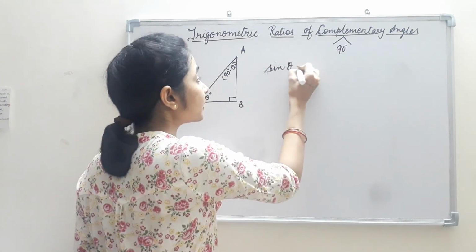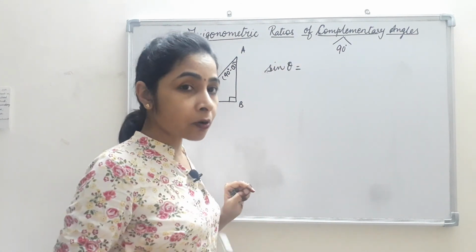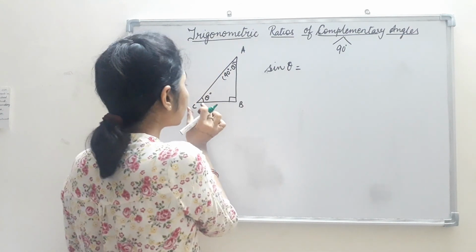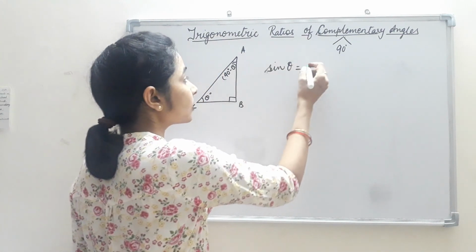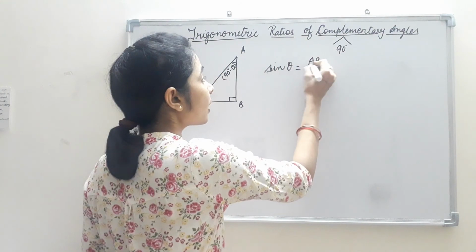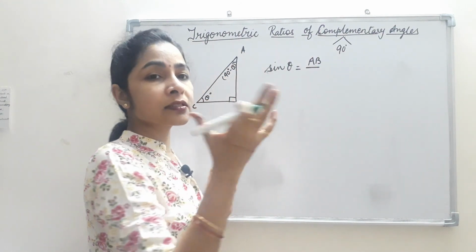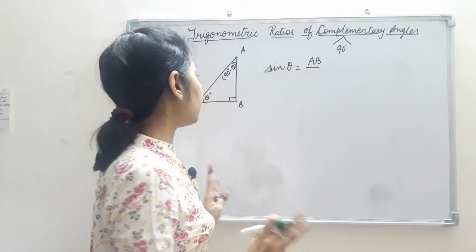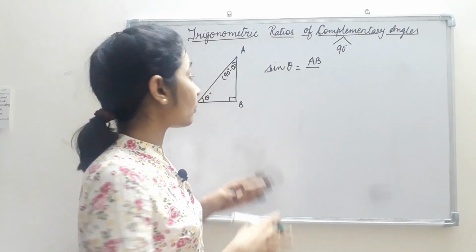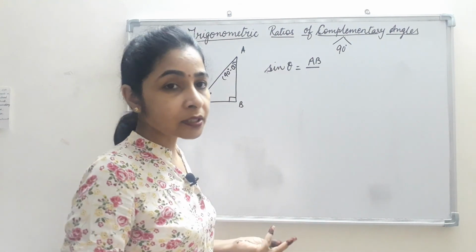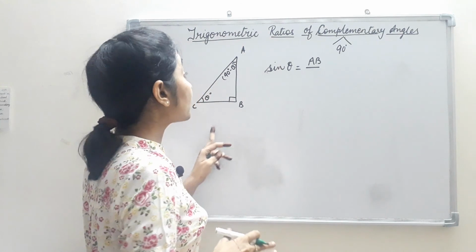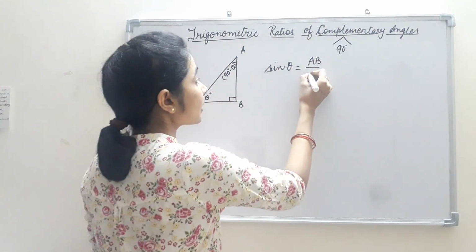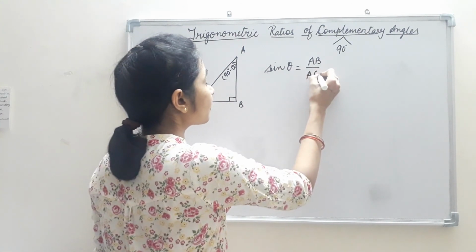Sine theta will be equal to perpendicular upon hypotenuse. So for angle C, AB is the perpendicular. AB upon hypotenuse, which will be the same throughout the example. In the triangle we have only one hypotenuse, so it will be the same everywhere. So sine theta is equal to AB upon AC.